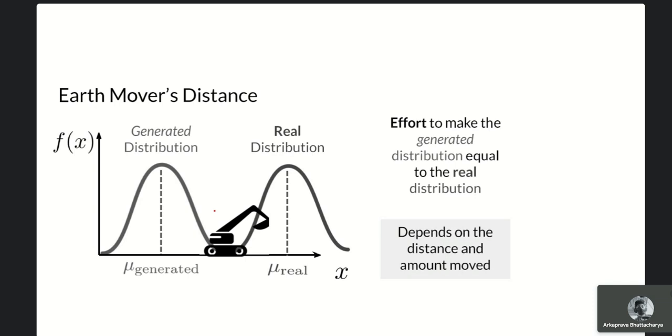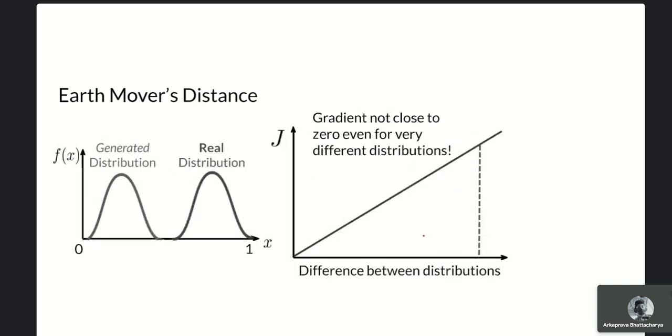So this earth mover's distance measures the effort needed to make the generated distribution equal to the real distribution. It depends upon the distance and the amount moved, so it is calculating the distance between the generated and the real distribution.